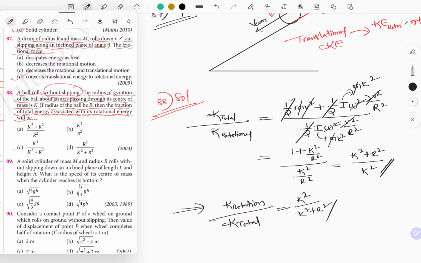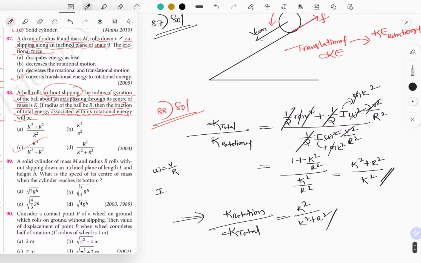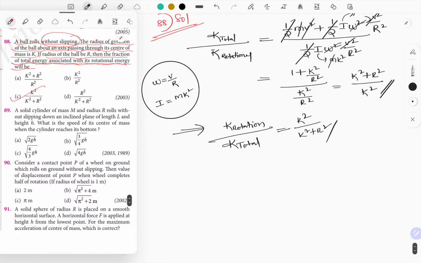Option C is correct. Whatever I replaced: omega is equal to v by r, and I is equal to m k square. After substituting these formulas, I cancelled those variables. Hope you understood.